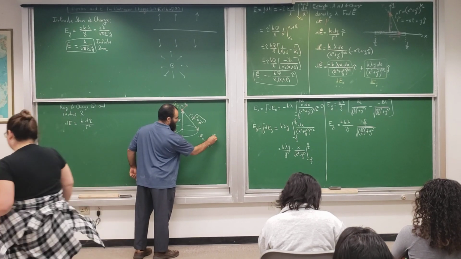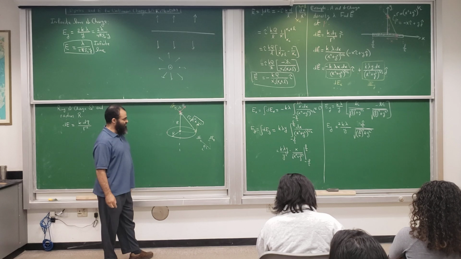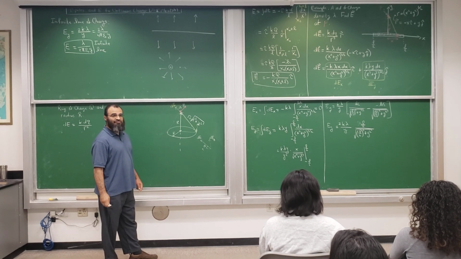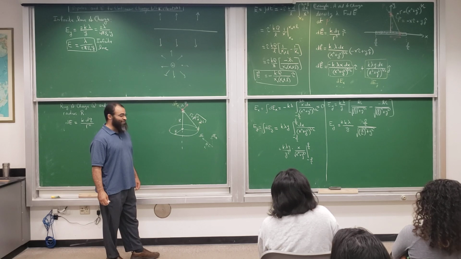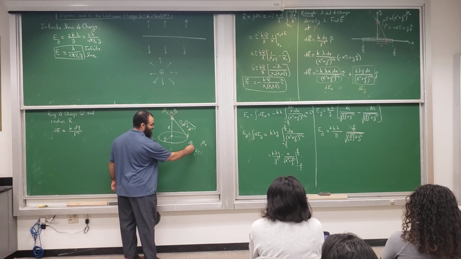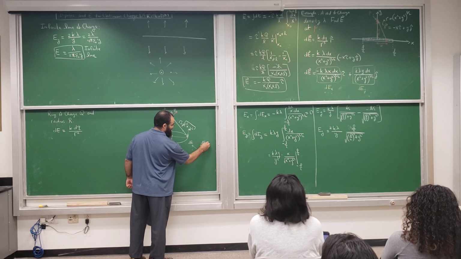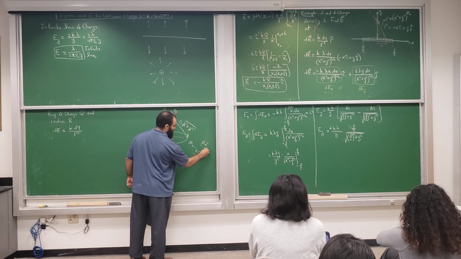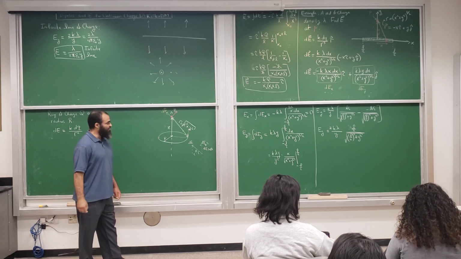What would dE z be in terms of dE? dE times the sine of theta. Yes, it would be the sine. dEz is equal to dE times the sine of theta.